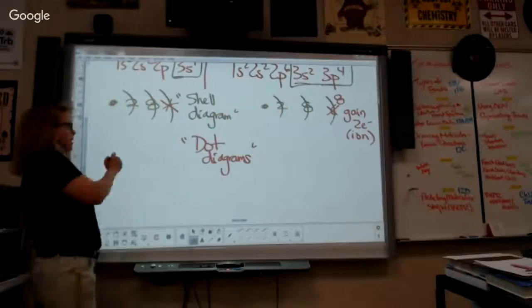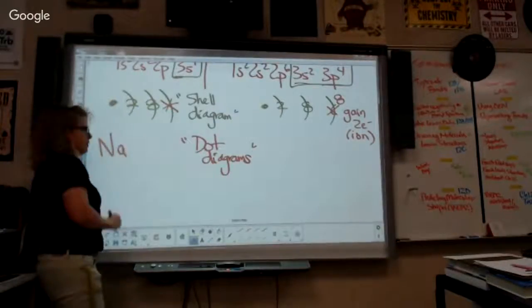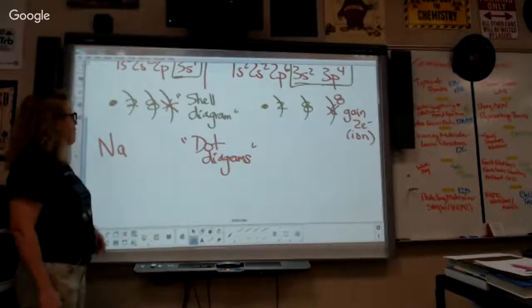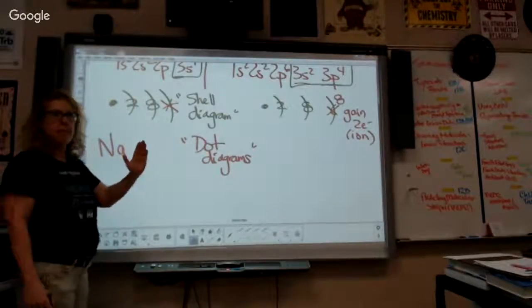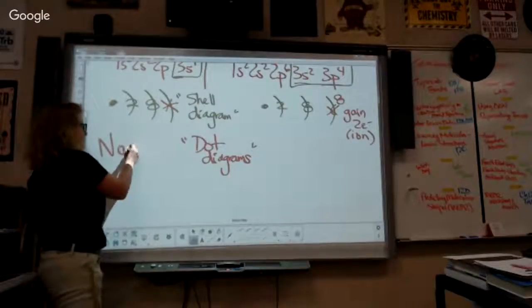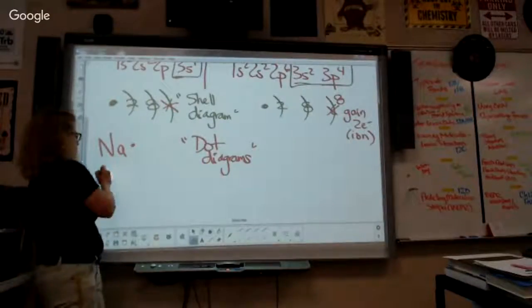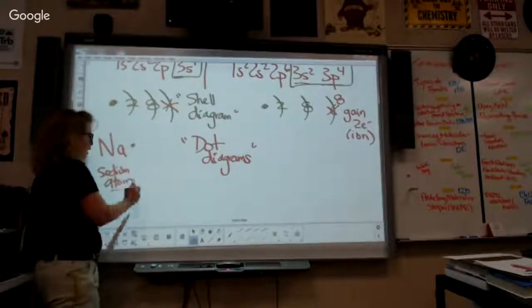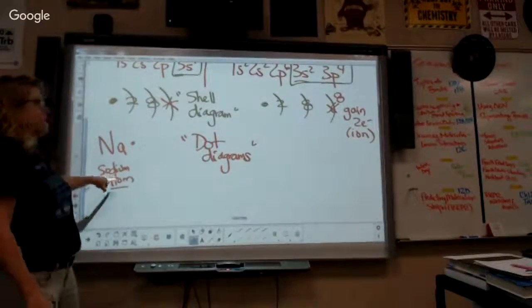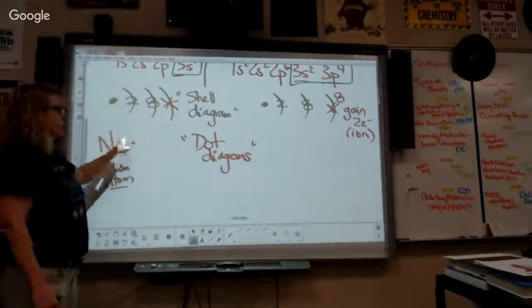So here we go. This is what a sodium atom looks like. Sodium atom. How many electrons were in the outside energy level at the beginning? One. Again, that's its original format, sodium atom. We put the dot over here on the right.